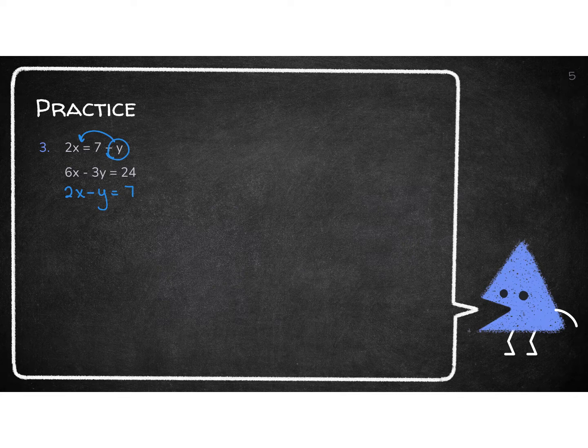And now I'm going to try to add to get things to cancel out. So I know that I need one of these variables to be the same number in front of it, but one be positive and one be negative. So I'm going to make my y's cancel out again. So what I'm going to do is multiply this whole bottom equation. I need this to be a +3 in front of the y.